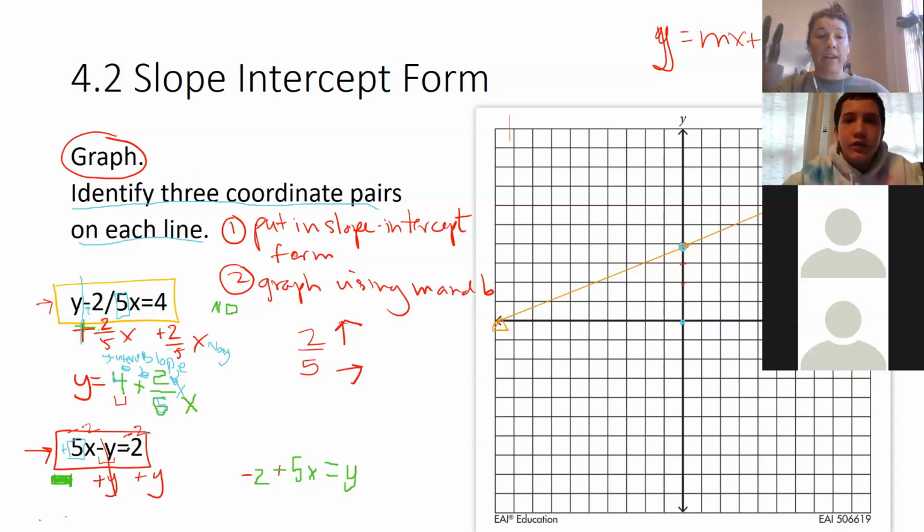Okay, girls, what do you think about that? Are you okay with manipulating that equation with your signs and everything? Yeah, I kind of lost track a little bit because I had to take my headphones off to get a pencil. Okay. So we added y to both sides, and then we subtracted 2 from both sides.